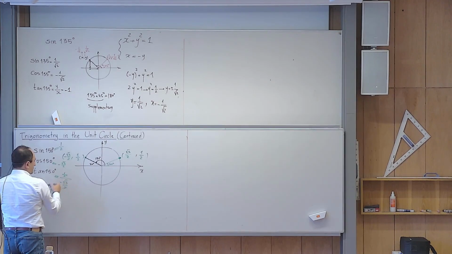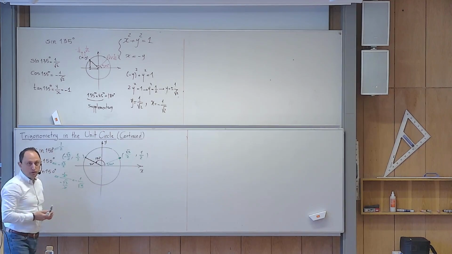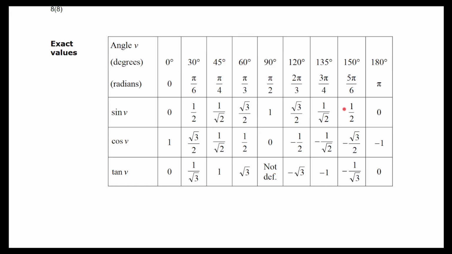In this case, these are gone. I am left with minus 1 over square root of 3. And those are the numbers that you see here on this column. So it is important to learn how to use the unit circle and the symmetry arguments to be able to solve that.